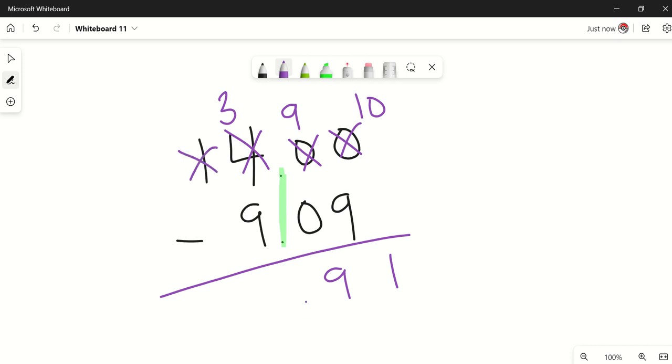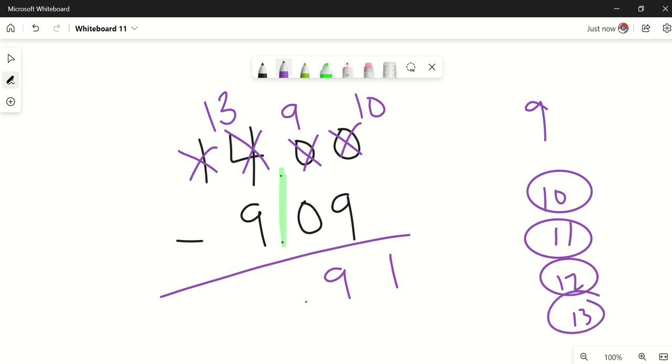We'll borrow from the 1, but that'll just make it 13 anyway. And 13 minus 9. If you can't do what 13 minus 9 is, just take the 9 and count up to 13. So it'll be 10, 11, 12, 13. You added 1, 2, 3, 4 new numbers to it. So 13 minus 9 will actually be 4.